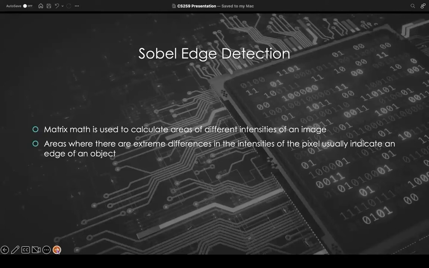After finding all of the large differences in intensities in a picture, we have discovered all of the edges in the picture. Sobel edge detection is a widely used algorithm of edge detection in image processing. Sobel is one of the most popular edge detection algorithms used in today's technology.